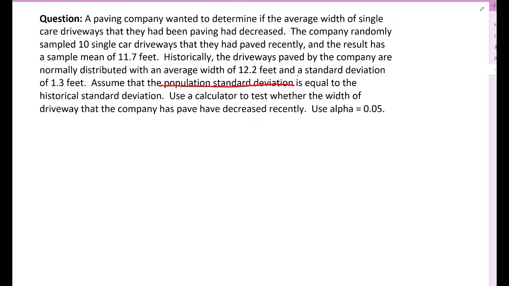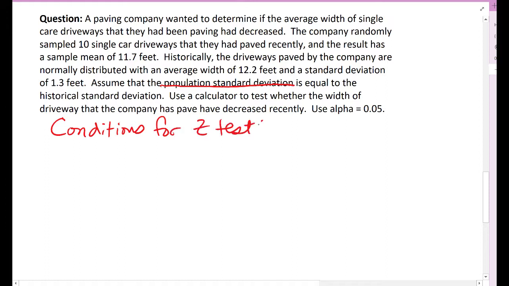Once again, I briefly mentioned in the last video that there are conditions that are necessary for a hypothesis test. The conditions for a z-test are that either your sample size needs to be greater than or equal to 30, or if it's less than 30, you need to have somewhere written that the population is normal.